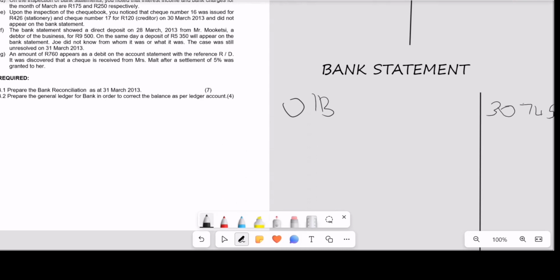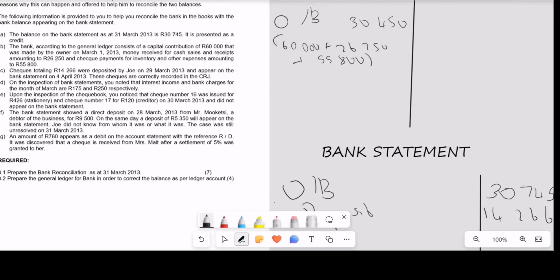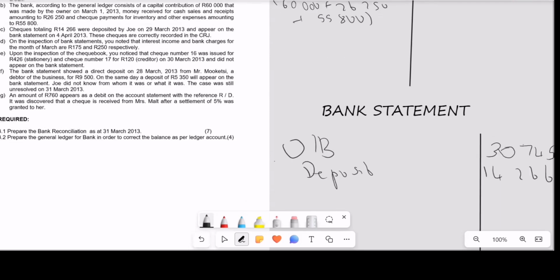So we must include it in our bank statement. So it's going to be a deposit of 14,266. We have to include it, so that means we have to add it: 14,266. I hope everyone understands why I included it there.